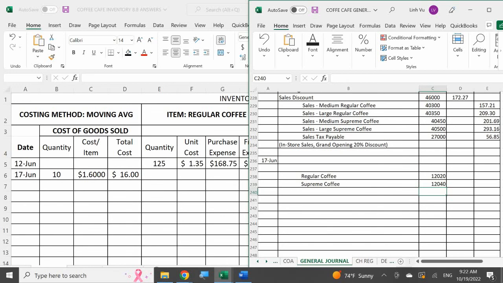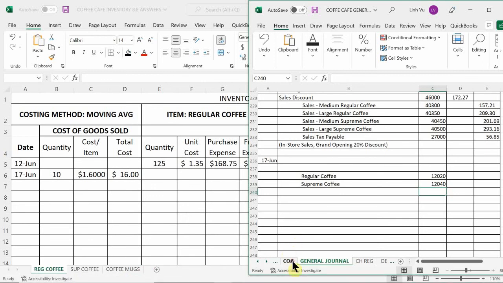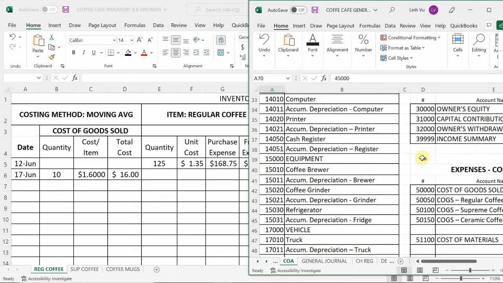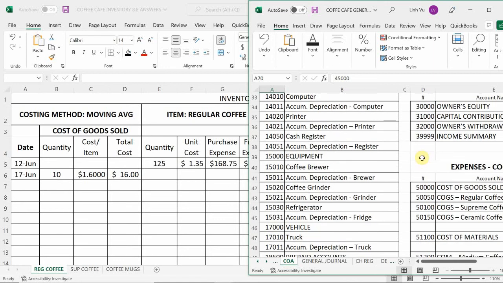Inventory expense. Do we have an inventory expense account? What's another word for the inventory expense account? It's your cost of goods.